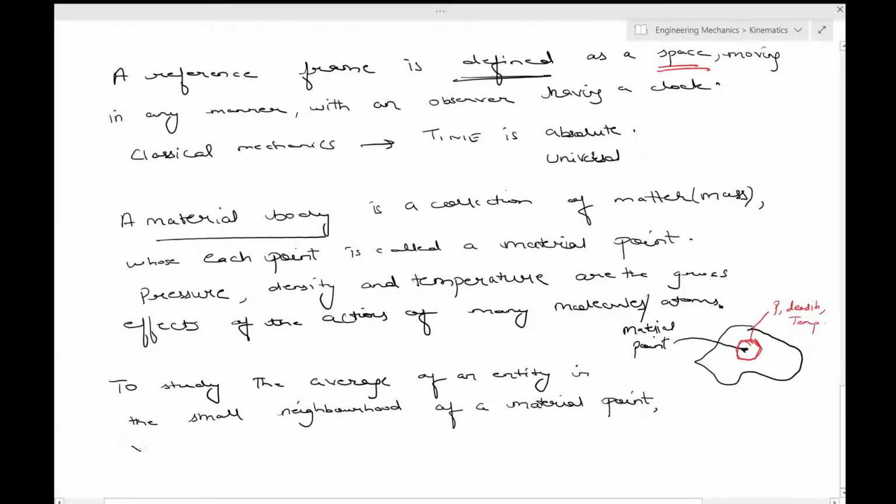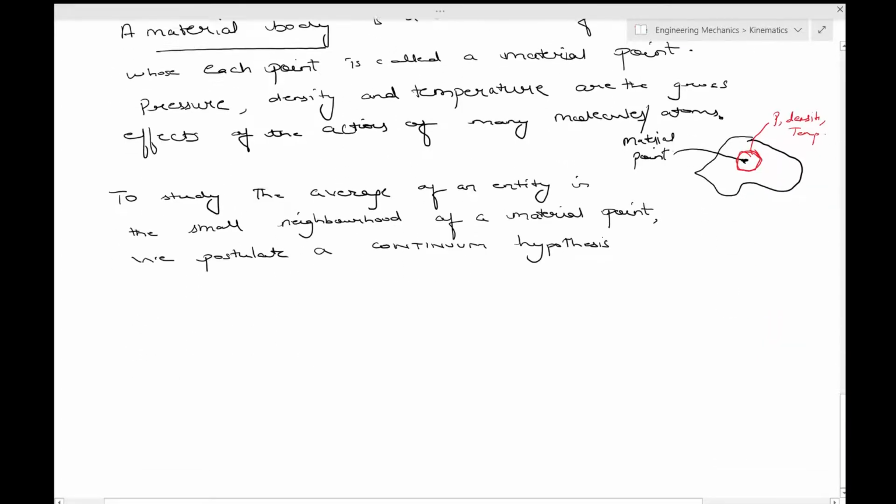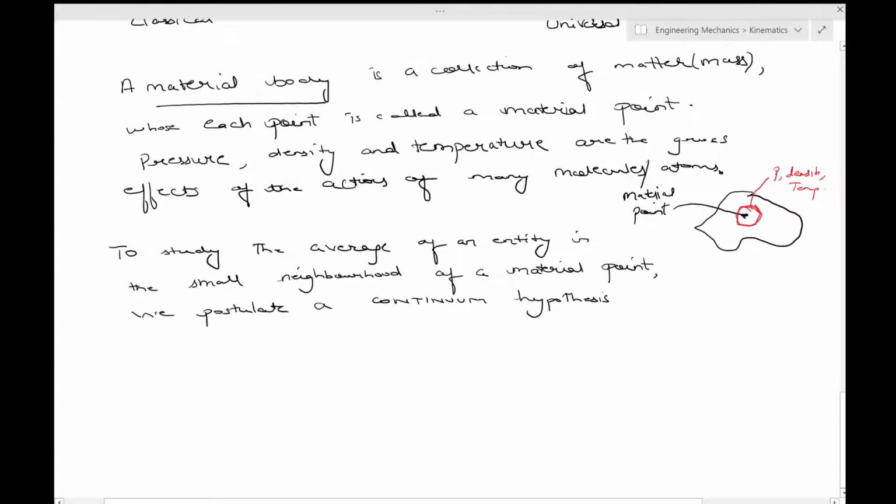So we postulate a continuum hypothesis. What is this hypothesis?